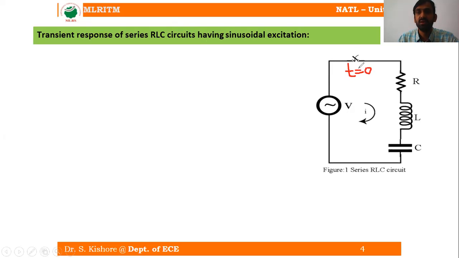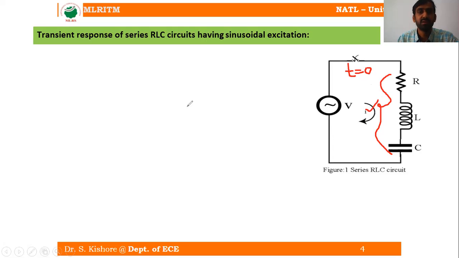So here, when the switch is closed, we can see this R, L and C is going to come into the series. Right. So in this circuit, let us consider small i as the loop current, and let us consider V as our voltage source. But here this V is nothing but the sinusoidal source.